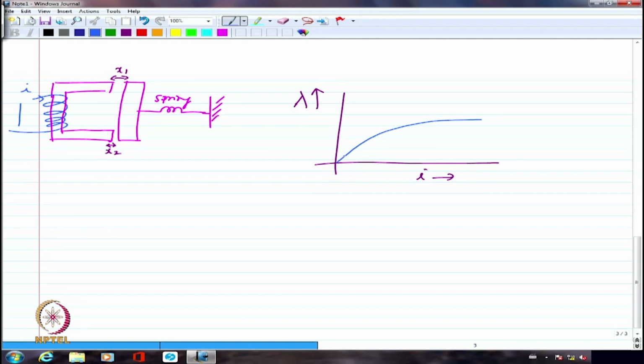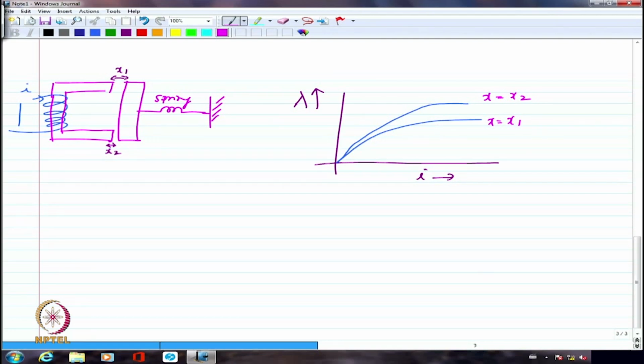For x2, considering that the air gap is lower, I should create a little bit higher flux, because the air gap is decreasing, the reluctance is decreasing, because of which the flux should increase slightly. So, this corresponds to x equal to x1, whereas this corresponds to x equal to x2.